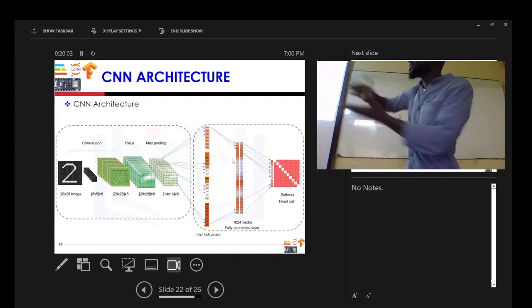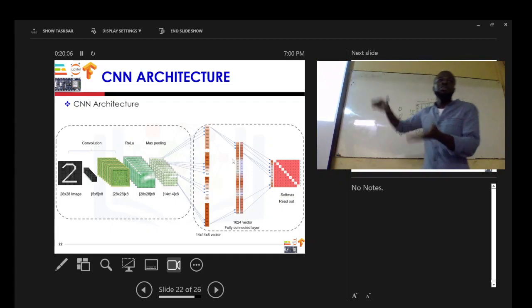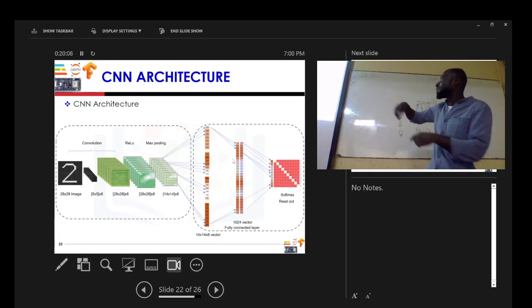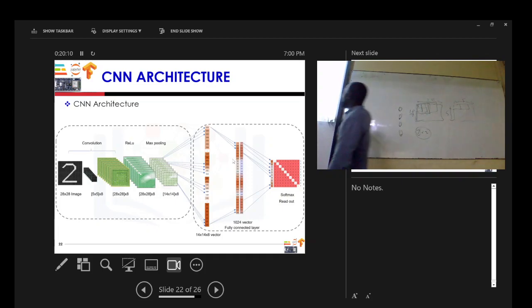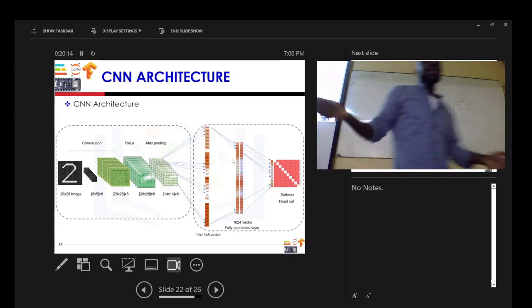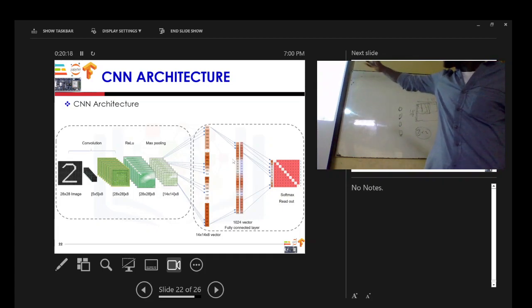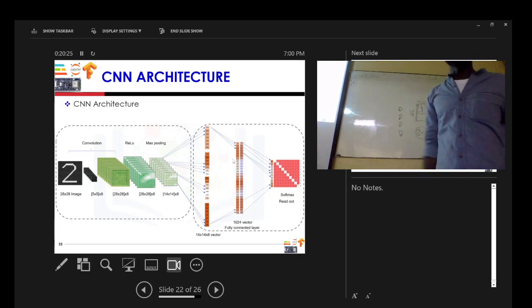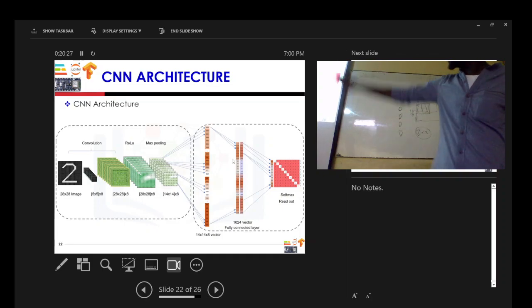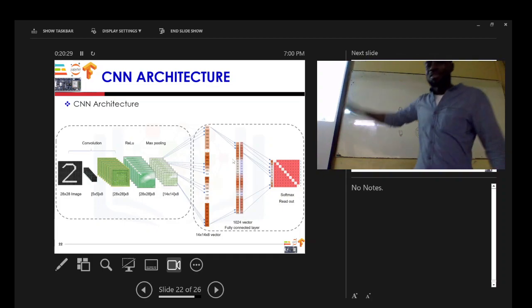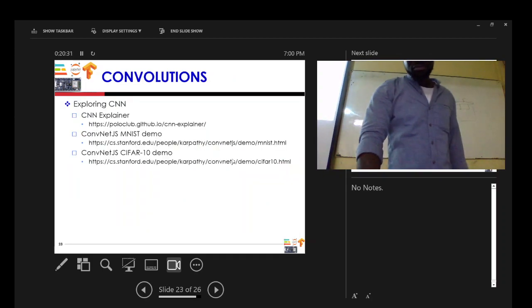We have already looked at that. You flatten your image, then you define some neurons, pass it through the neurons, and then your last layer is 10 neurons, always 10 neurons if you are doing the MNIST data set. You pass the image through those 10 neurons, and then you get your value. So this is the architecture of the CNN, the convolutional neural network.